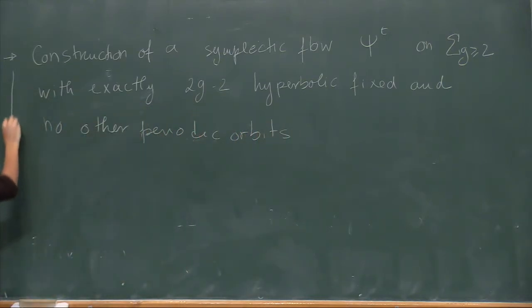And then after I make this construction, I'll give you some results. I'll give you some conditions under which a symplectomorphism on sigma has infinitely many periodic points.